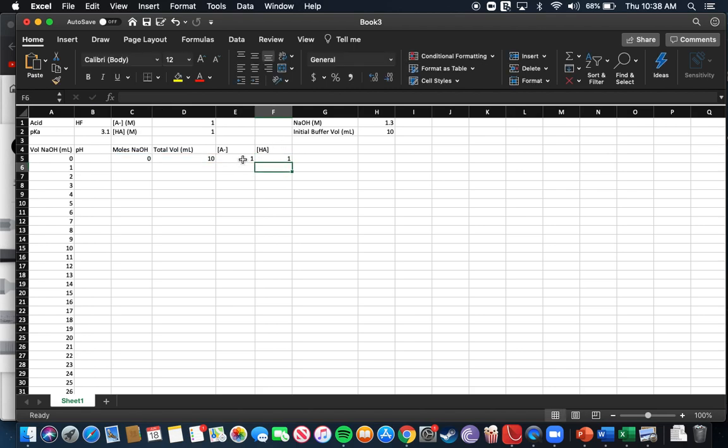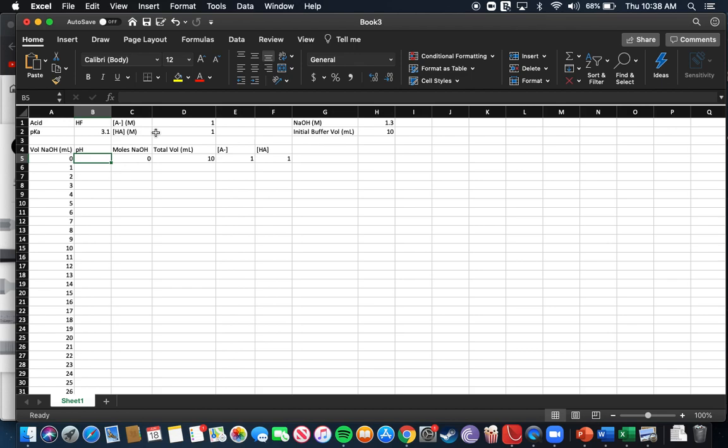And then let's just double check to make sure our formulas are right. Okay, so we have moles divided by volume times 1,000, moles divided by volume times 1,000, concentration divided by 1,000 times volume. All right, all good there.